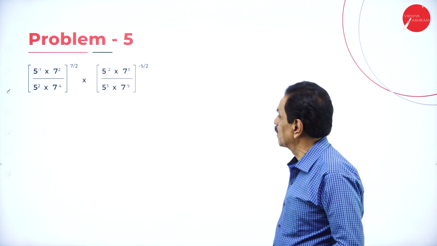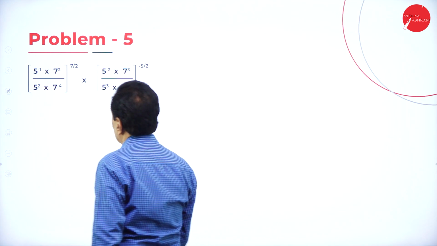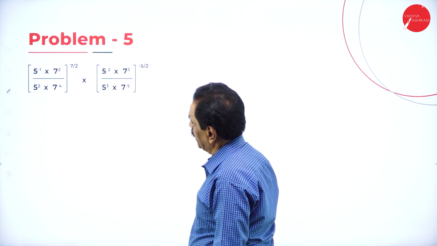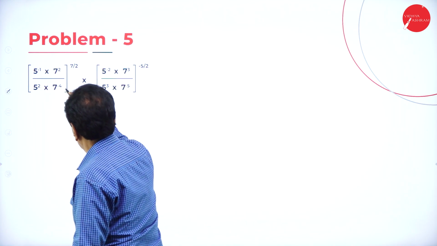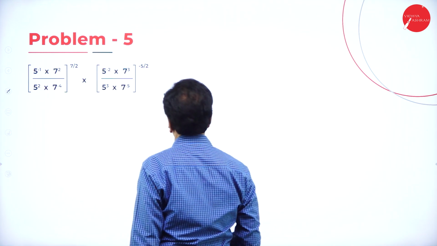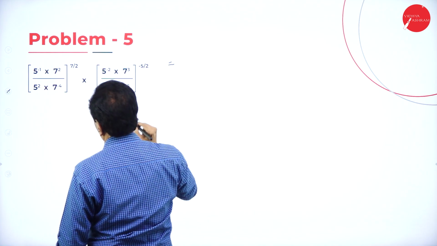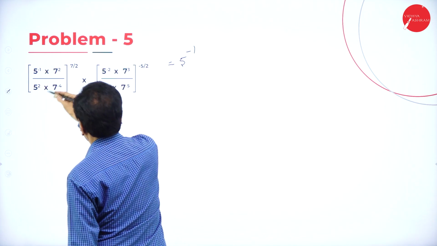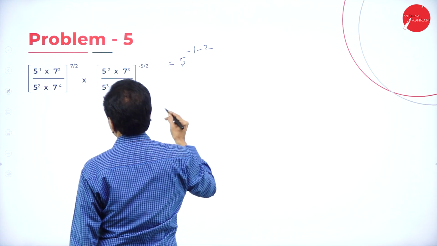Fifth problem. Slowly we can go. This is 5 to the power of minus 1 into 7 square, 5 to the power of 2, 7 to the power of minus 4 into 7 by 2. Simplify these. You take the 5 one side, 5 to the power of minus 1 plus 2 becomes minus 2.